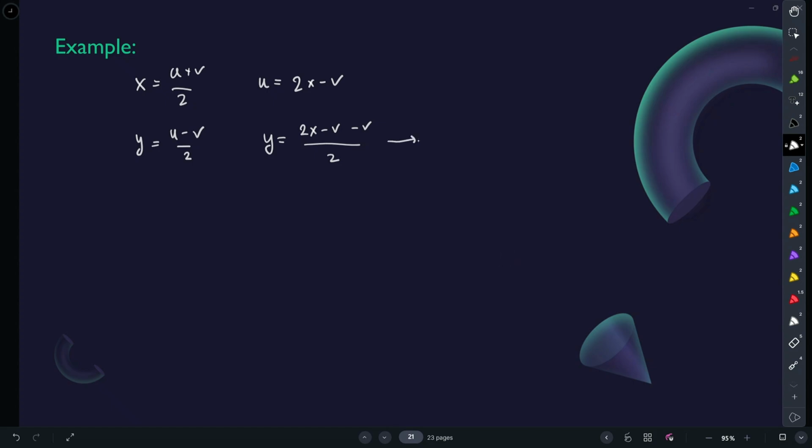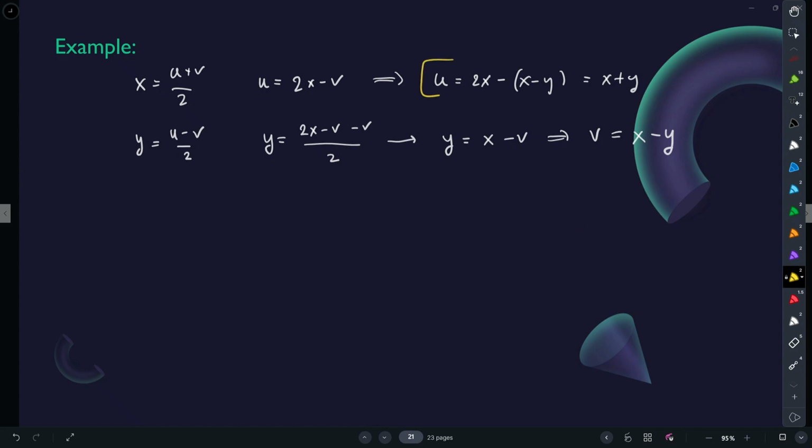So that tells me that y is x minus v/2, and that tells me that v is x minus y. And then I plug in here: if v is x minus y, then u is 2x minus (x minus y), and that is x plus y. So now I have my inverse transformation: u is x plus y and v is x minus y.